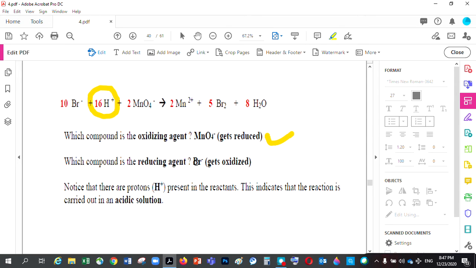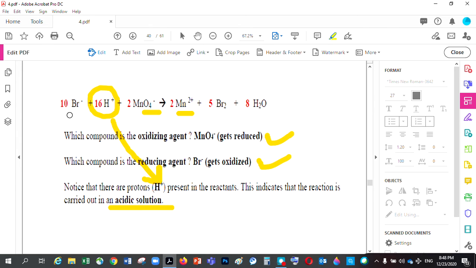It is the bromide ion, forcing the permanganate to be reduced, the manganese from +7 to +2, correct? Itself will be oxidized. So we answered this. Here it is. We use the protons just to put emphasis that the reaction goes by acidic medium.